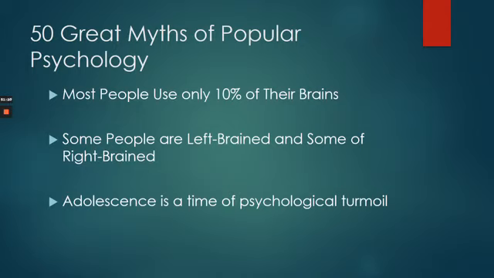I guess we could all agree that there's potentiality in your brain as it's growing to make a lot of neural connections, millions and millions of neural connections, but to say that you only use 10% of your brain is really stupid. Some people are left brain, some people are right brain. That's really dumb. Parts of your brain are not separated. There is some lateralization.